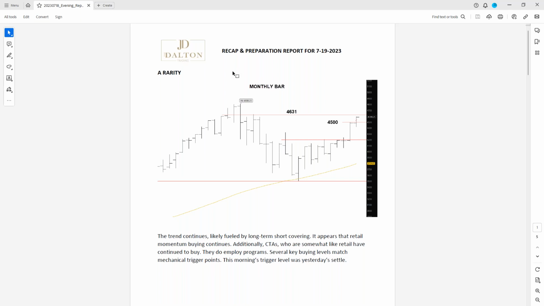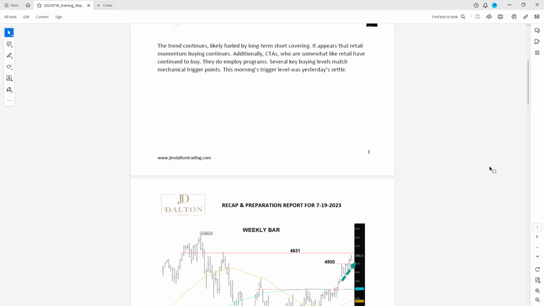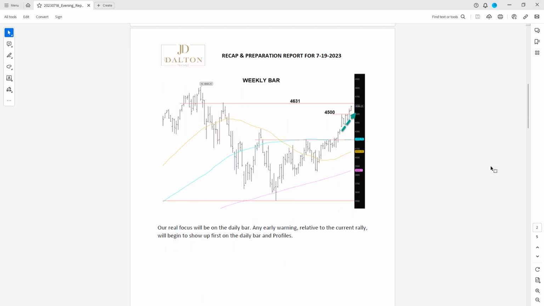The hedge funds, from best information we have, were short. The retail traders were long, and the CTAs, or commodity trading advisors, who are very similar to retail trading, were also long. So we had this division in the market.